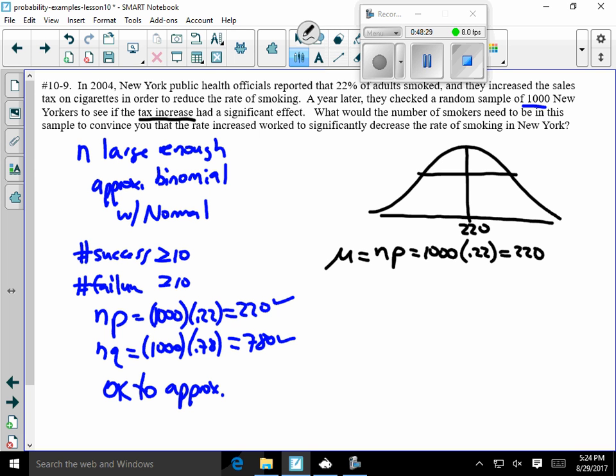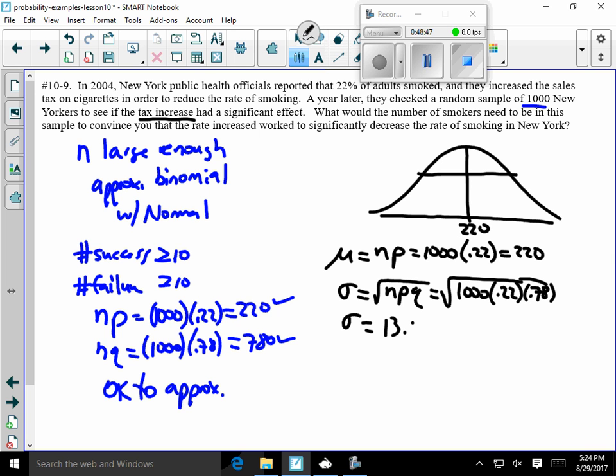What isn't intuitive is that the standard deviation turns out to be the square root of n times p times q. So that would be the square root of 1,000 times the probability of success, 0.22, times the probability of failure, 0.78. If you plug that in a calculator, that turns out to be 13.0996.